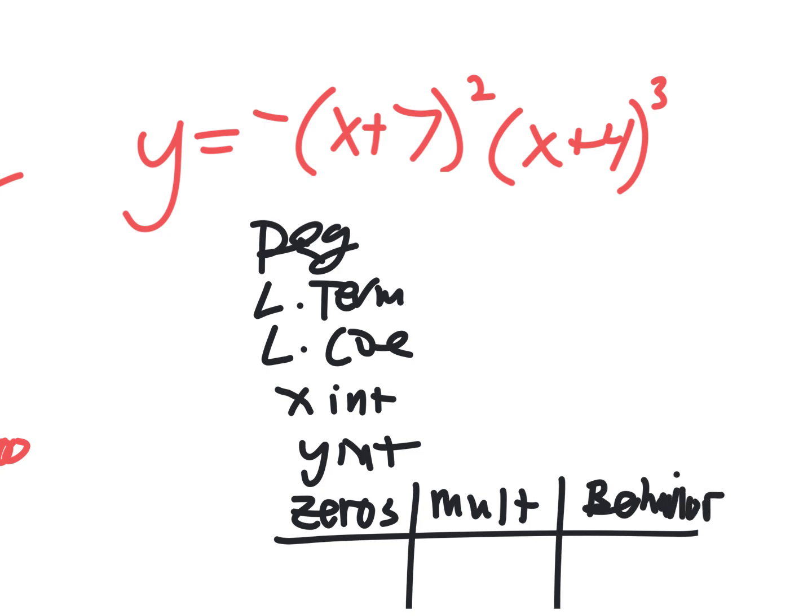Behavior means like bounce or pass through. We are not making a determination between a third power and a first power. To the first power just passes through, but the third power technically snakes through. I wouldn't mark a third power of snake wrong, but a third power does just pass through in a funky way, so we're just going to call it a pass through.